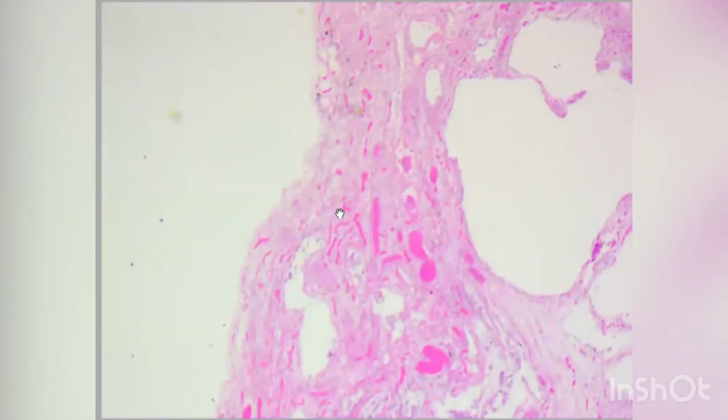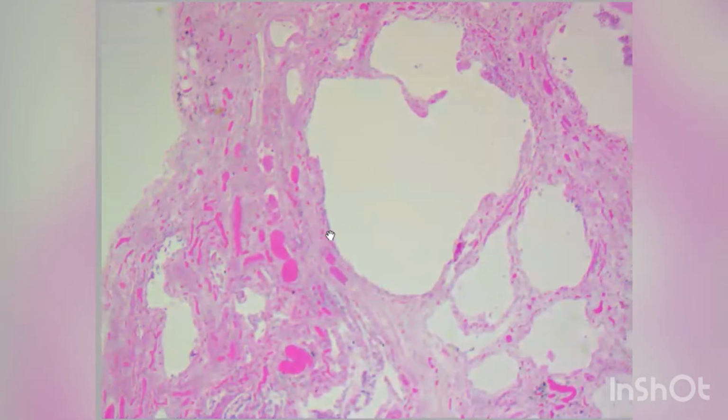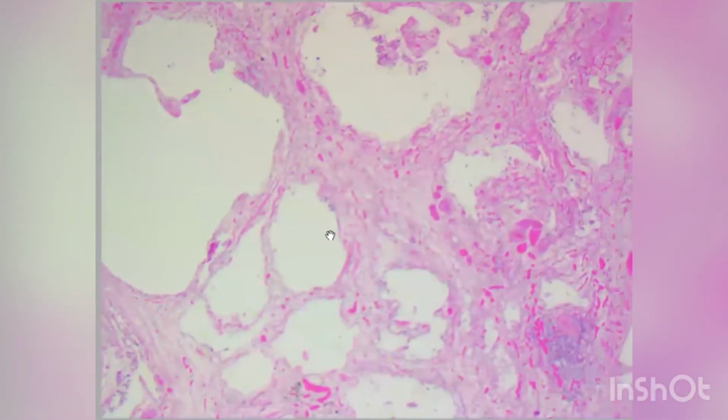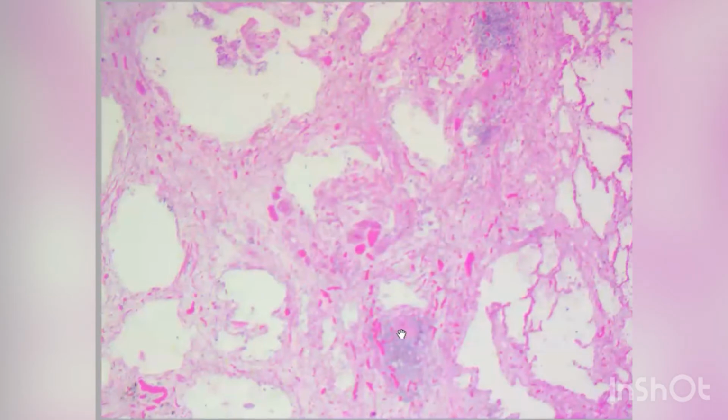Let's move around. This is a big cyst again. And of course, this is all non-functioning. Here we can also see lymphocytic infiltration, which is common in usual interstitial pneumonia.